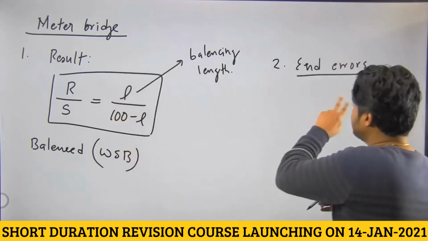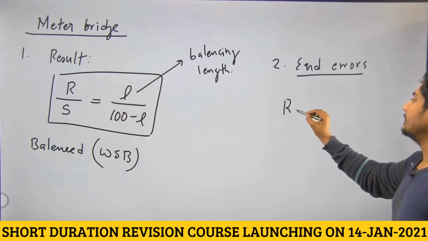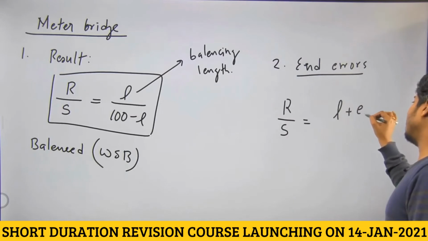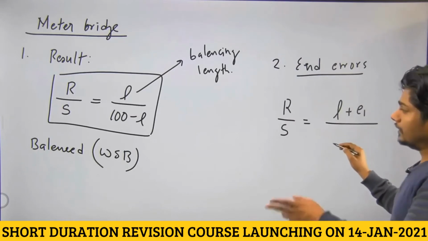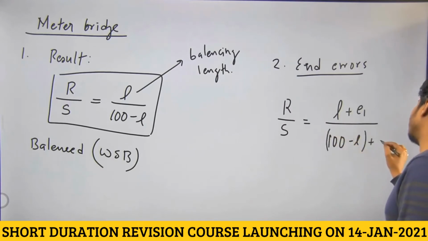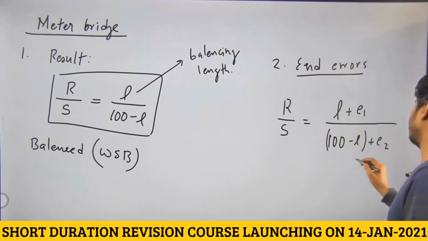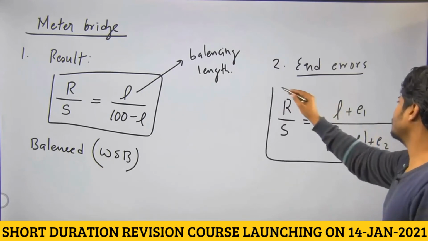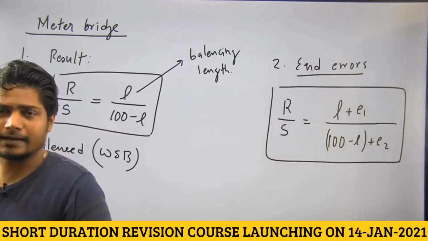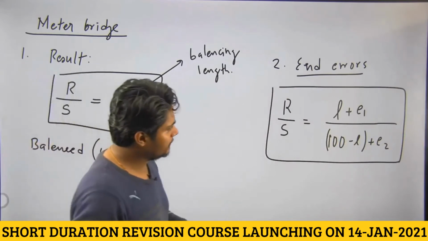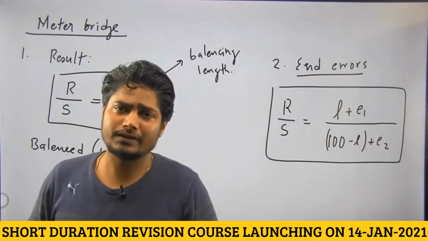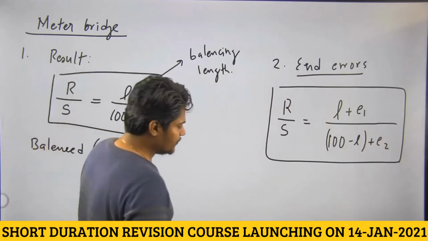If you consider the end corrections, then R upon S will become L plus end correction of wire 1 upon 100 minus L plus end correction at other side. So, this is in general the expression of how to write the balanced Wheatstone bridge equation of meter bridge when there are errors.